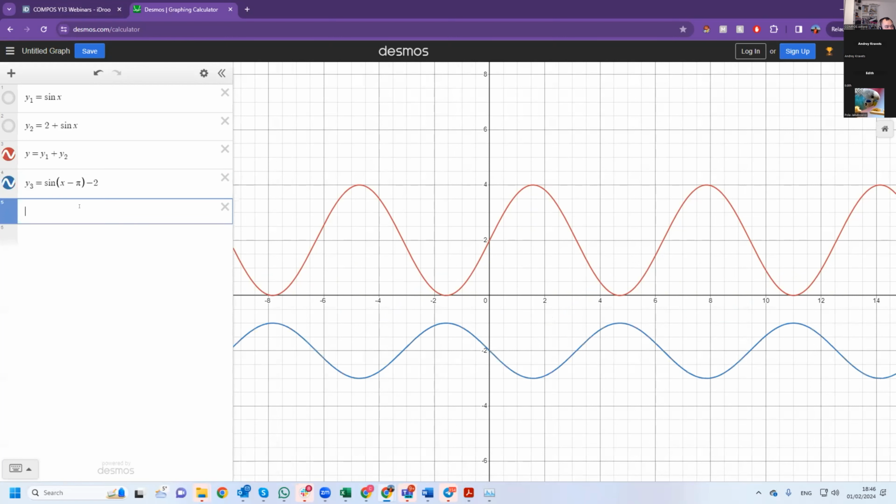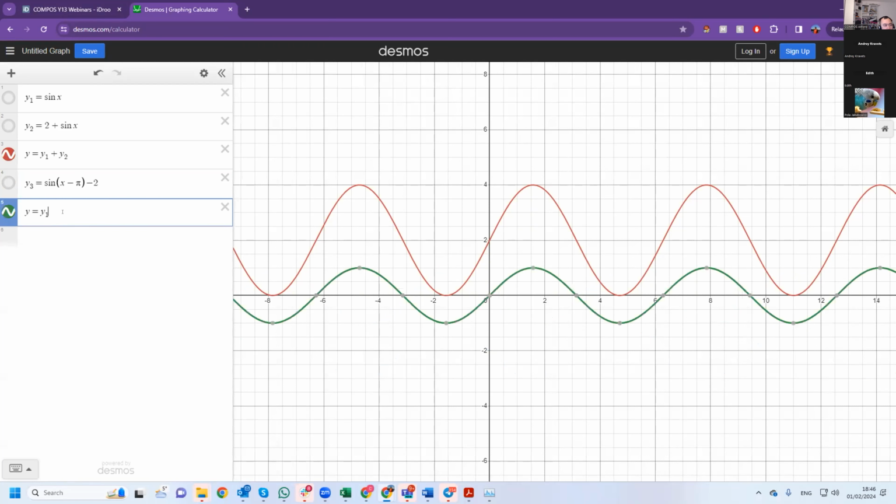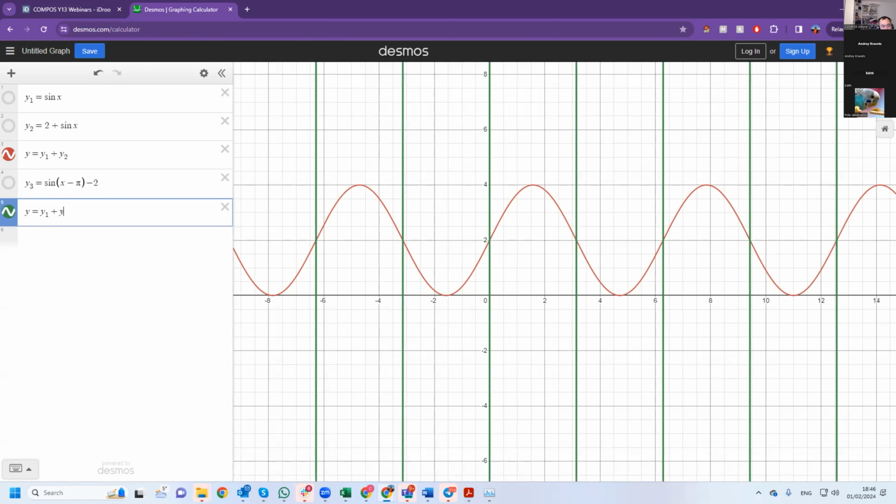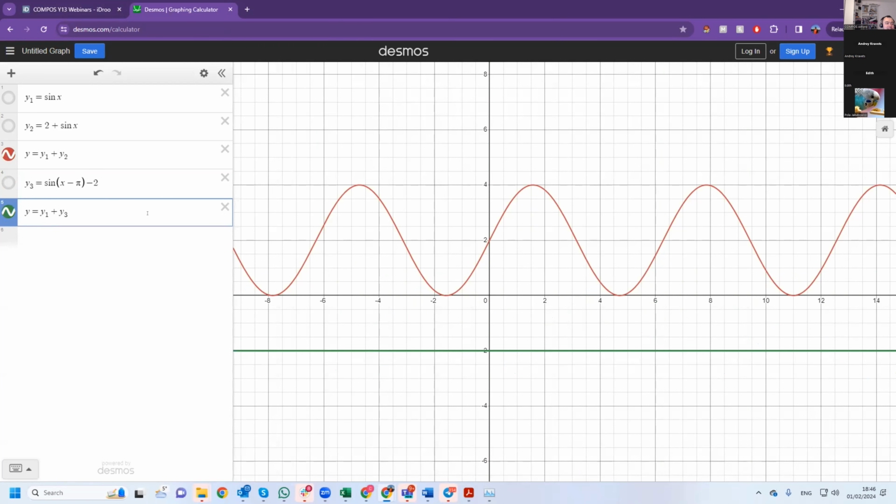If I add y1 and y3, you can see that they cancel each other out.